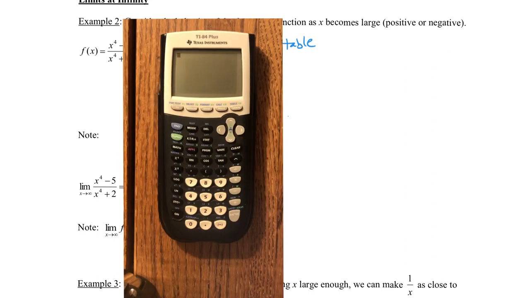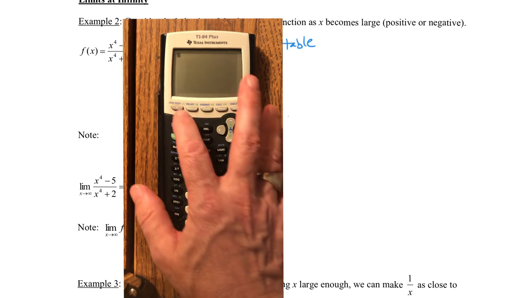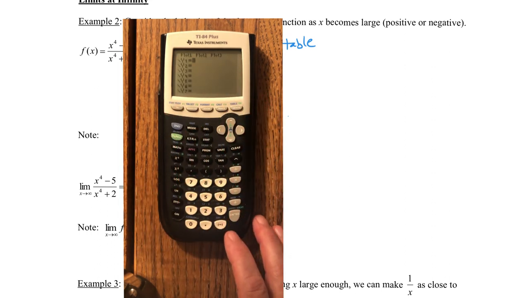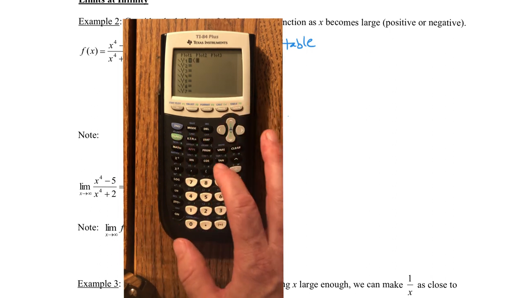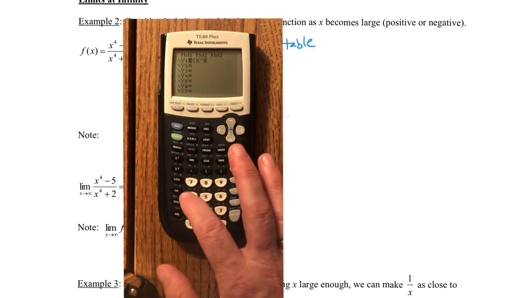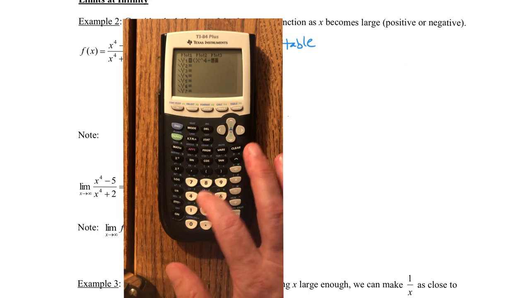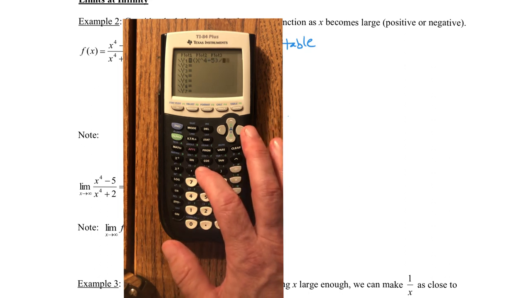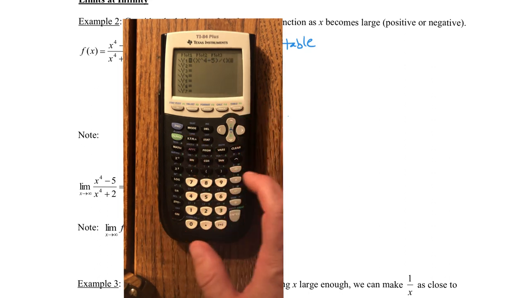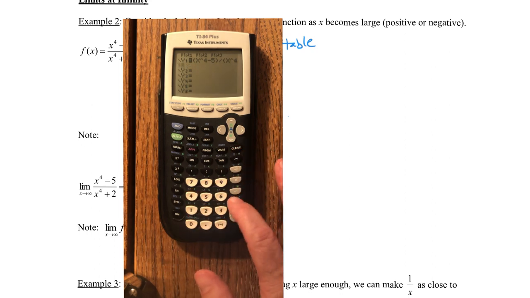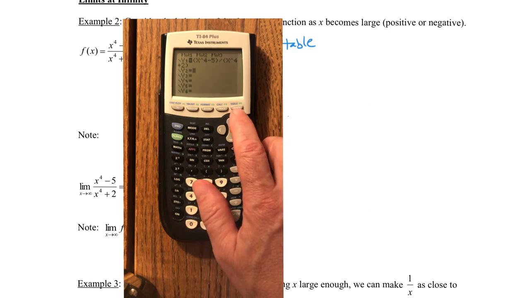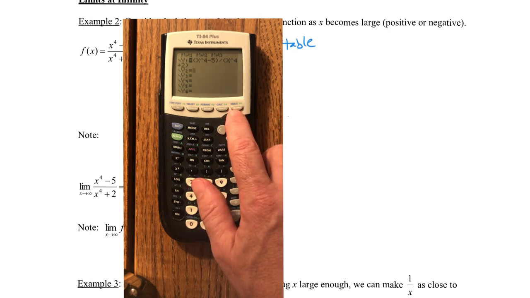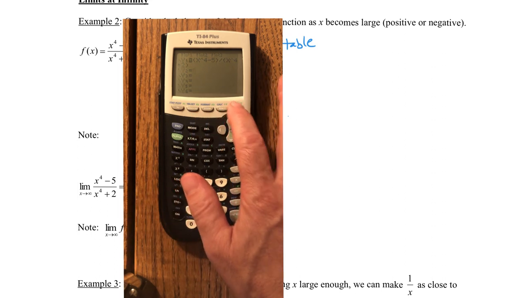We go to our calculator and go to y equals, and we'll put x to the fourth minus 5 divided by x to the fourth plus 2. Then I'm going to go to a table. Above the graph it says table, so I go second table.